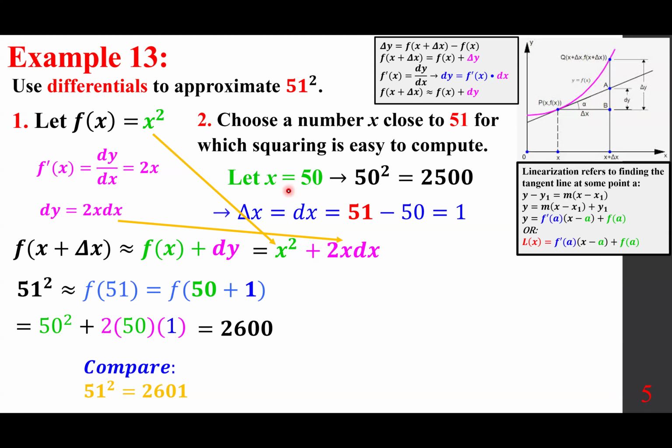But I want to remind you, linearization means find the equation of a tangent line. And the equation of a tangent line should result in the same thing. What do we mean by that? Well, we want to find L of x for this function at x equals 50. First, understand what we are going to find. The idea is this.